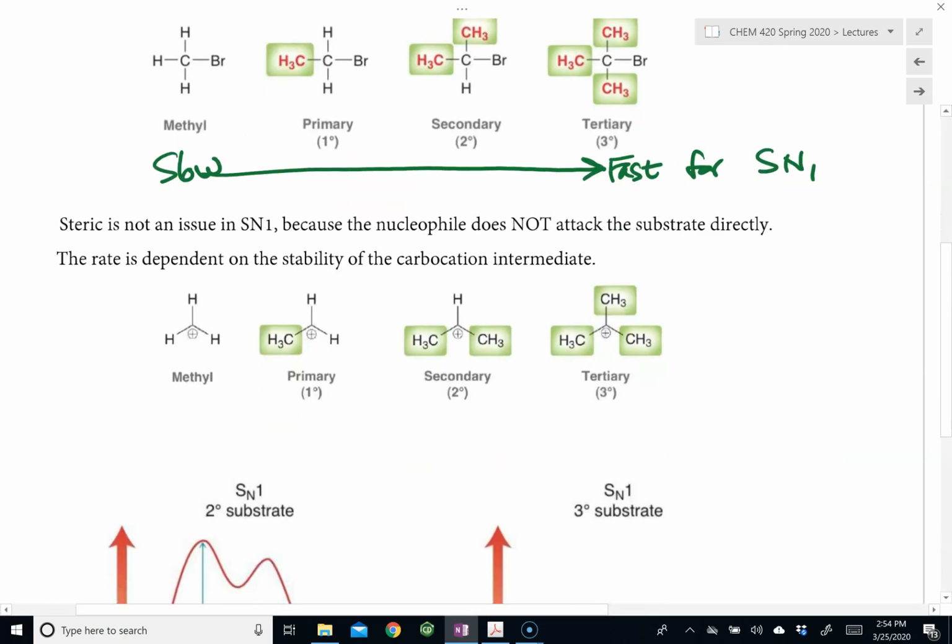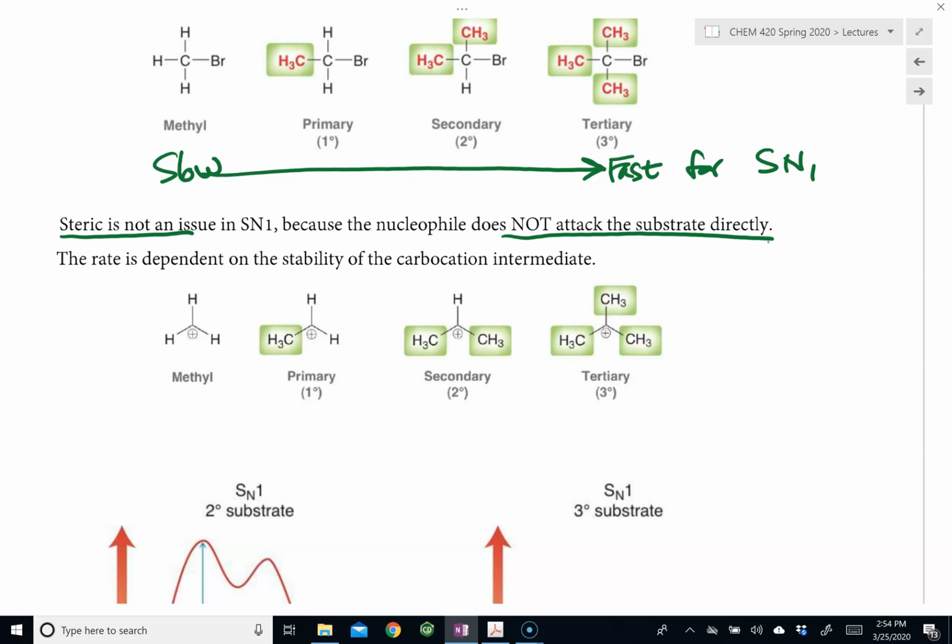And the reason why that happens is that in the SN1 reaction mechanism, sterics of the substrate is not an issue because the nucleophile does not attack the substrate directly, but waits for the carbocation to form first before the nucleophilic attack.